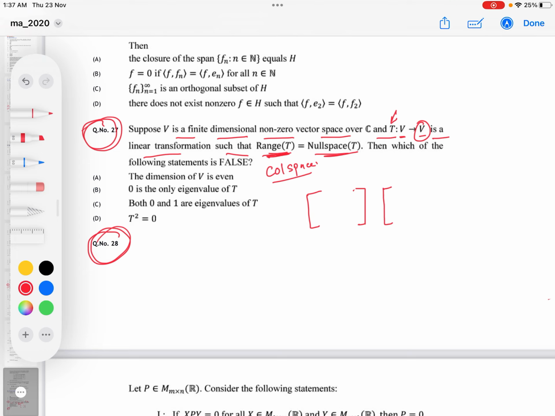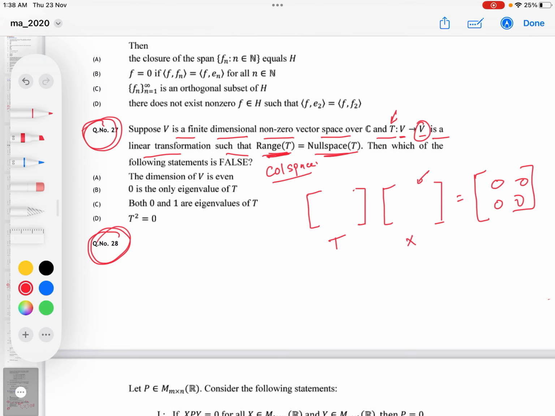So this is your matrix T, and this is your matrix X. If it is a null space, then what you will get is the zero vector, zero matrix, right?